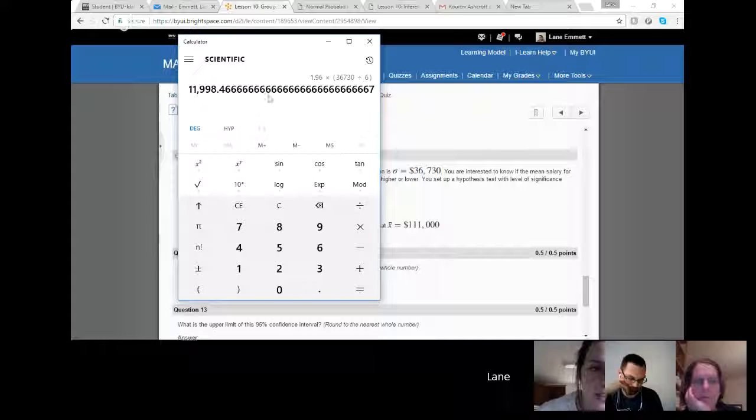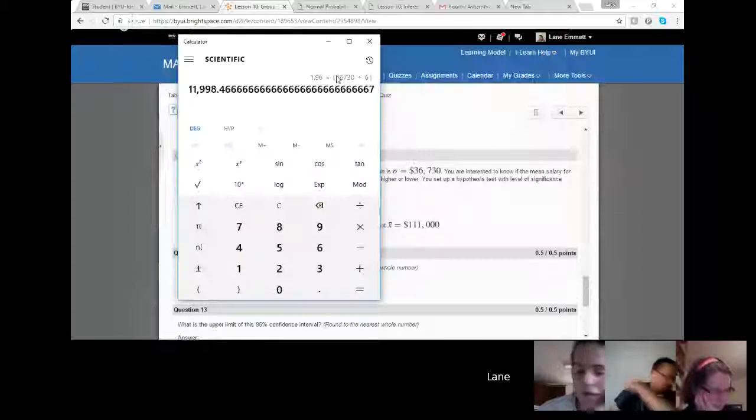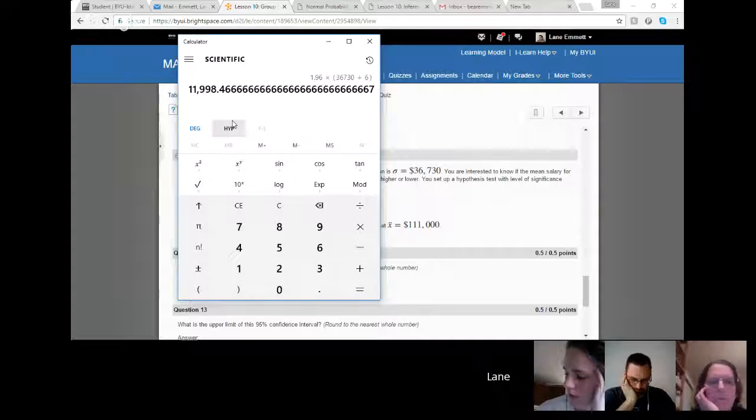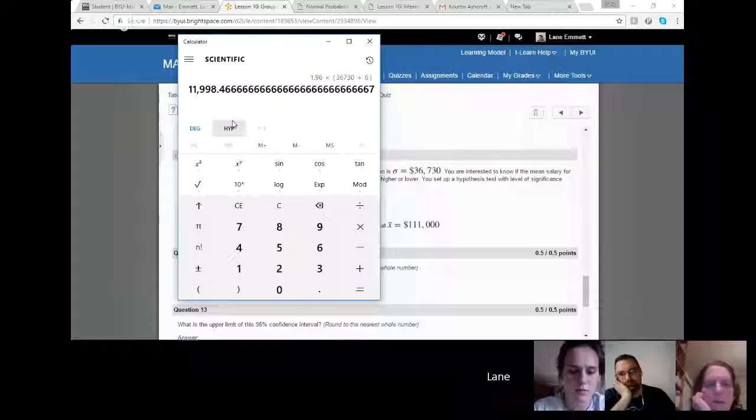Oh, I did what was in the parentheses, but then I didn't go back and multiply it by the Z-score, 1.96. Yeah, so you have to multiply the sigma divided by square root of n times the Z-score.